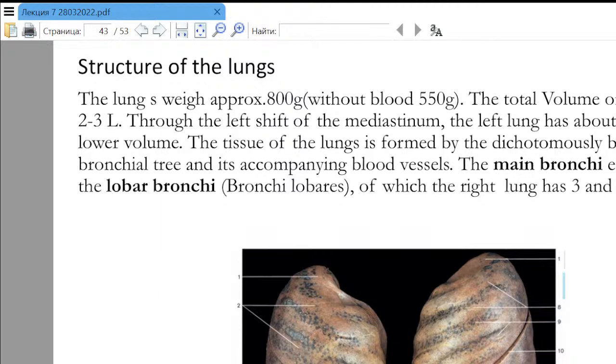of which the right lung has 3 and the left lung 2. These are the lobes of the lung.